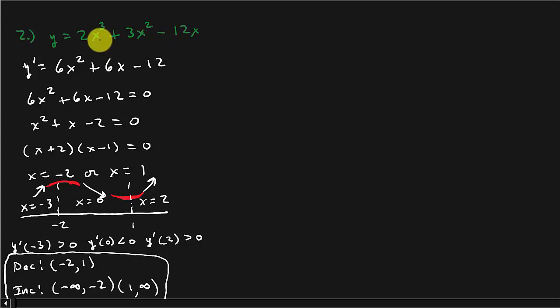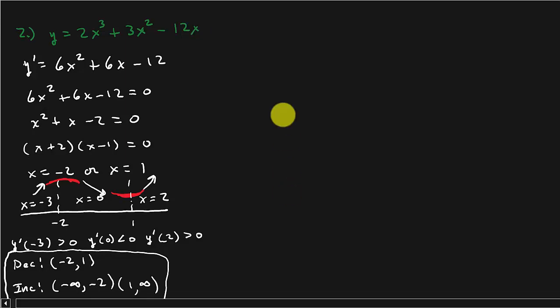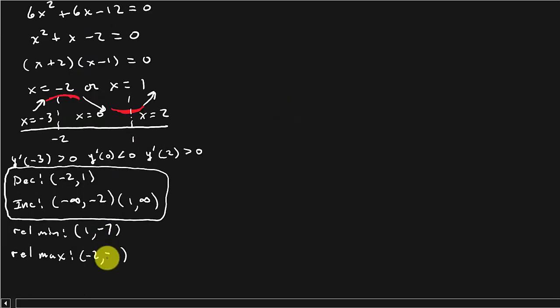So I'm plugging negative 2 in for x. That's negative 8, so that's going to be negative 16, plus 12, and then plugging in negative 2, plus 24. And so that's going to be 20, my relative max.